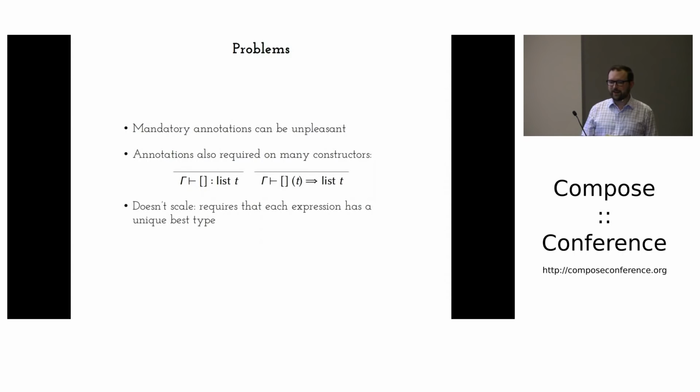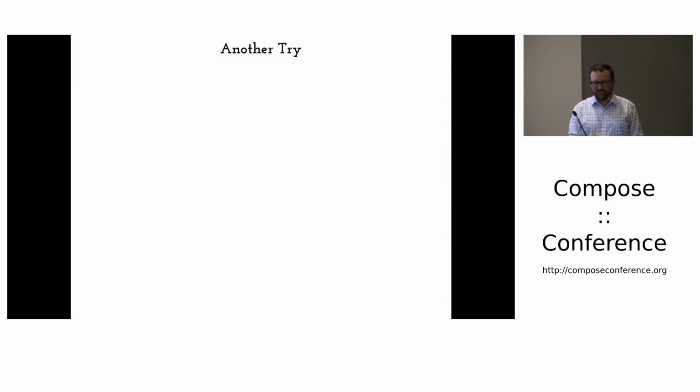And then it doesn't scale to all the type systems we care about, because it's really going to require that every expression has a unique best type, because we don't have any way to make decisions about other types. And that's a problem for more interesting type systems. It works great for inexpressive type systems that can't say very much, like ML, Haskell, these kinds of things, but there's more in the world than them.